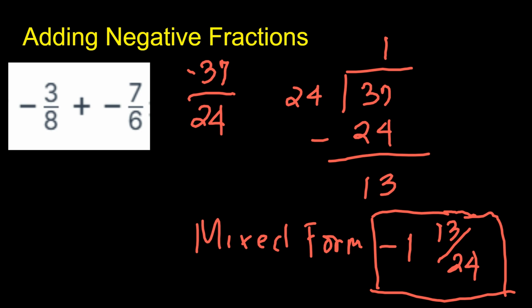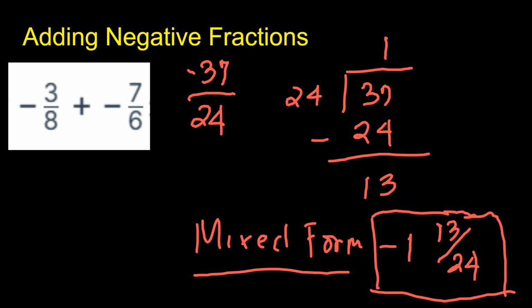That's the fractional part in your mixed form, the 13 over 24. So this is the mixed form for negative 37 over 24, which is negative 1 and 13 over 24.